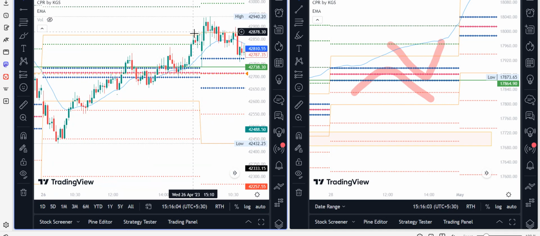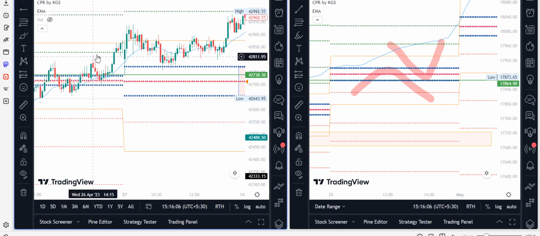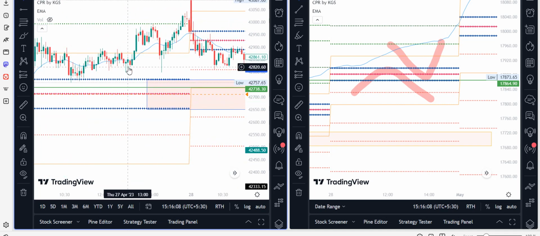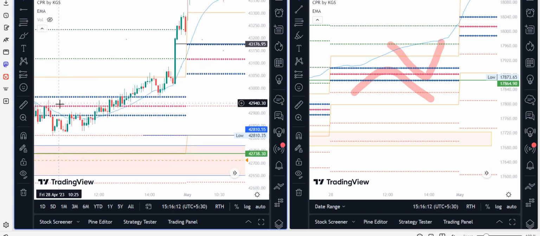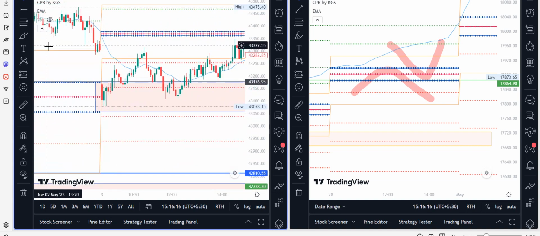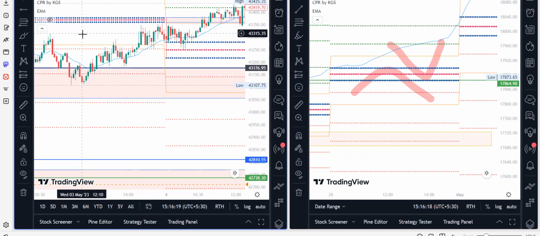For 2 or 3 consecutive days, the price is moving upwards, this time also upwards and again upwards and again upwards. We are looking for a close below S1. If the price closes below S1, that is considered the trend shift.